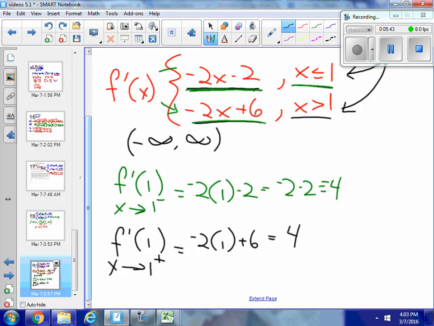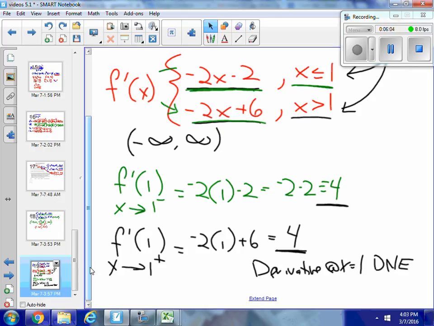So I have a different derivative from the left and the right as x approaches 1, which means the derivative at x equals 1 does not exist, because the derivative has to be the same from both sides in order to say that there's a derivative.